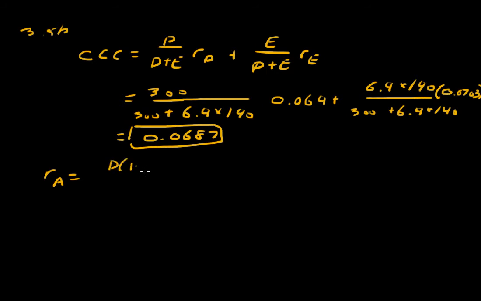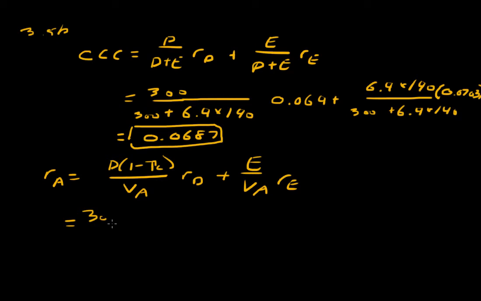Given the setup in this problem, I'm going to use this form of the formula: the share based on debt and the share based on equity, and again we could just plug in. Our debt was 300. We have a tax rate of 35%. The value of the assets is 1091.